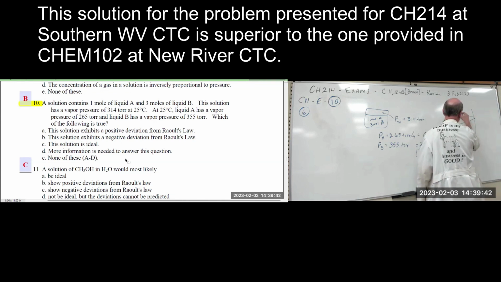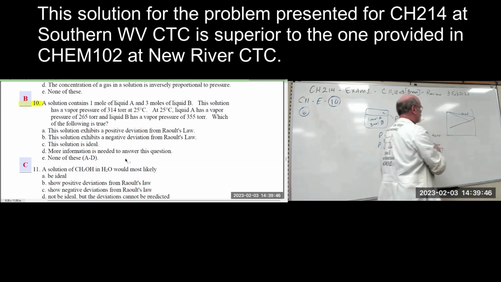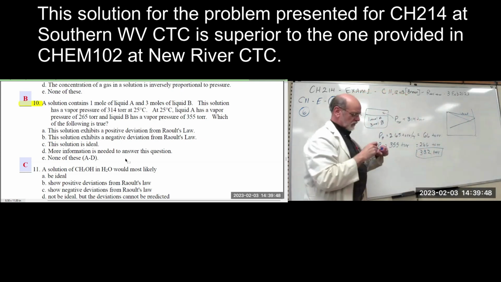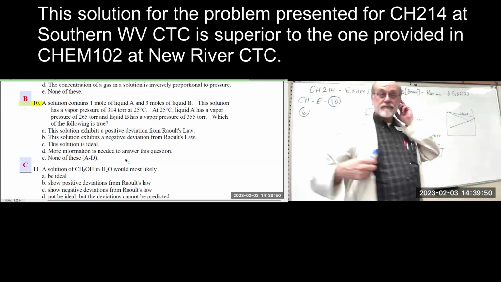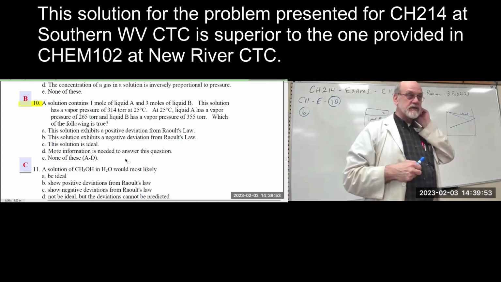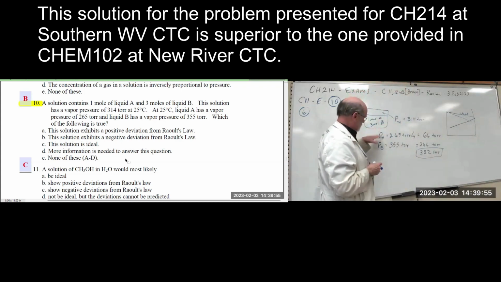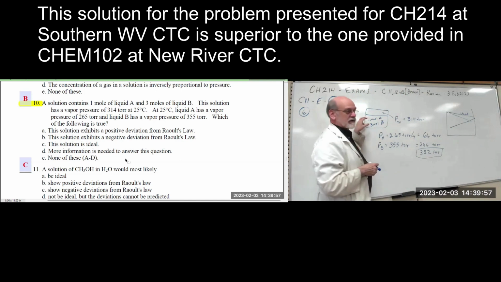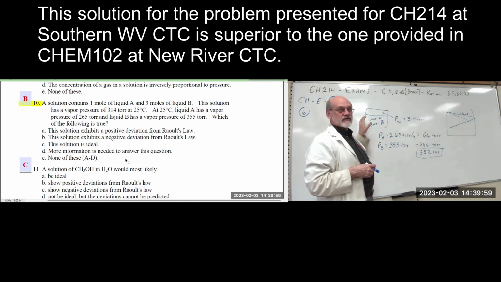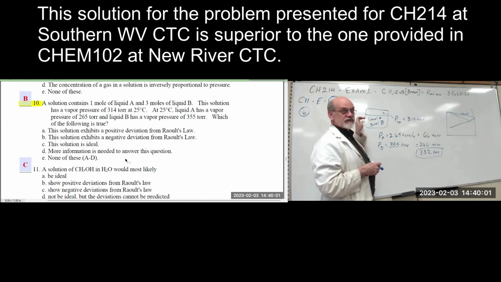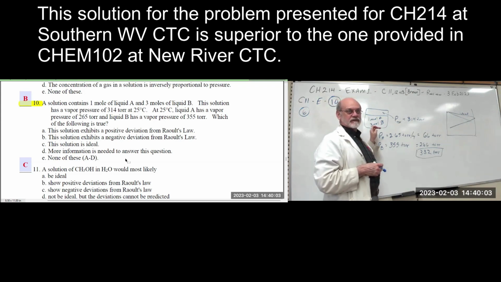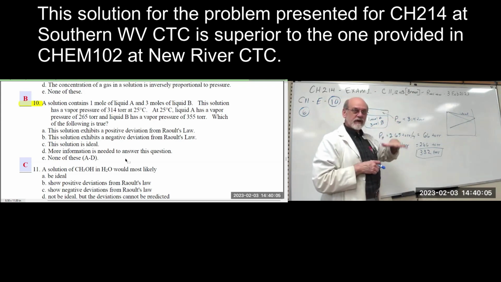So this one should be the ideal, perfectly straight, but it dips. So why does it dip? The negative deviation is due to the fact that when these are together, they are more attracted to each other than A is to itself and B is to itself. And that decreases the vapor pressure.